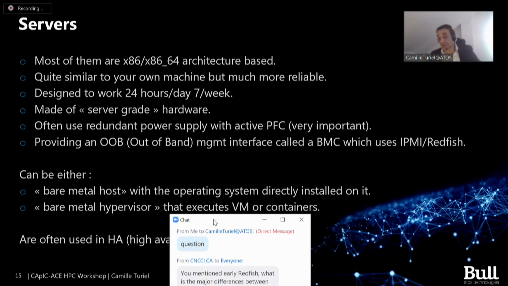Is it a preprocessor of the BMC? No, it is not. Okay, I will come back to the BMC then.